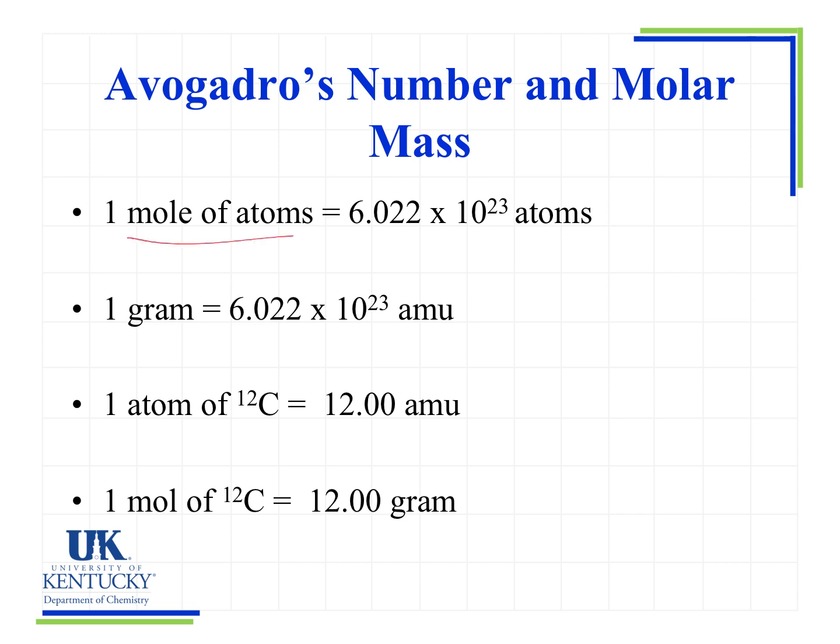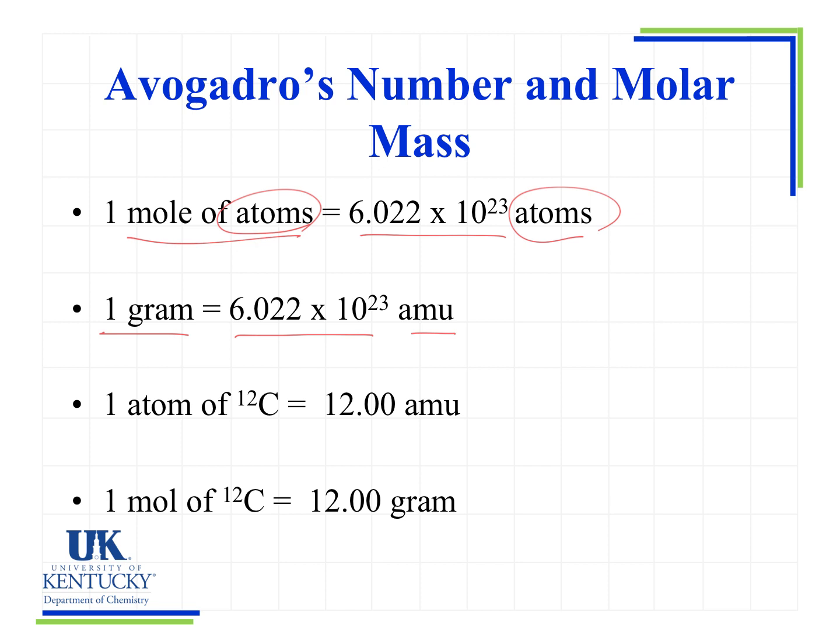So 1 mole of atoms is Avogadro number of atoms, and we write atoms, but it could be anything else: molecules, ions, apples, anything. So 1 gram is Avogadro number of AMU. If you think about it, 1/12 of carbon, if you have Avogadro number of that, it makes a gram.